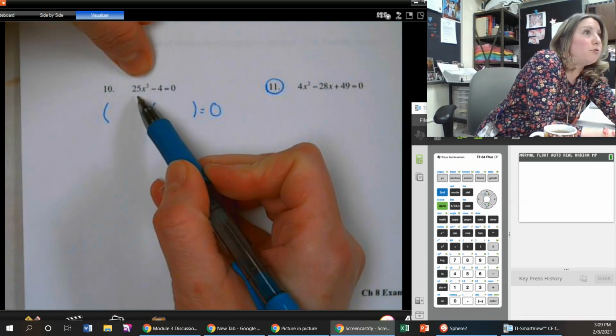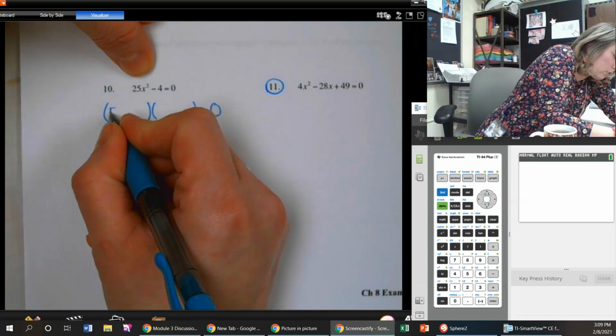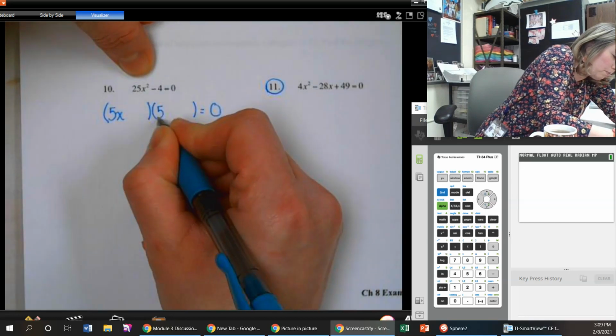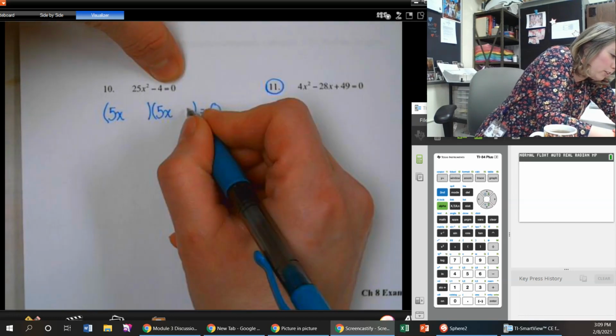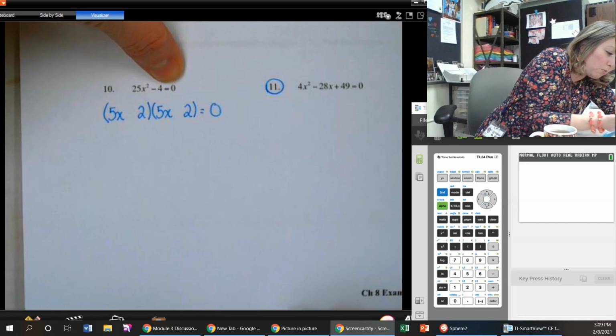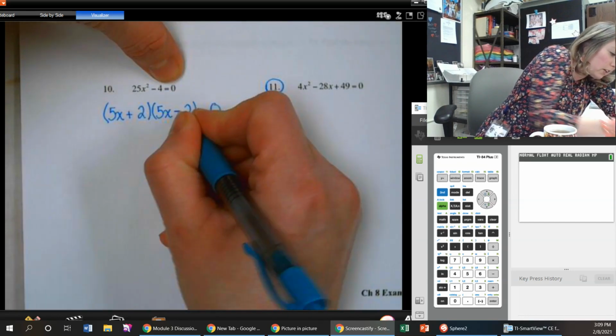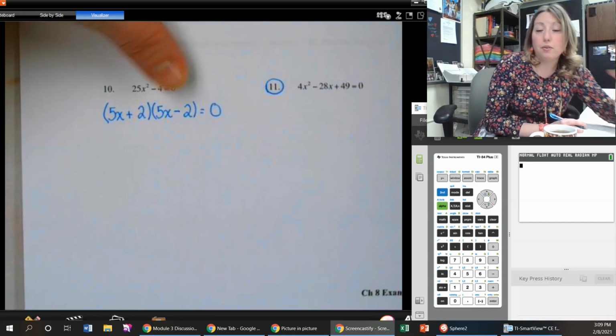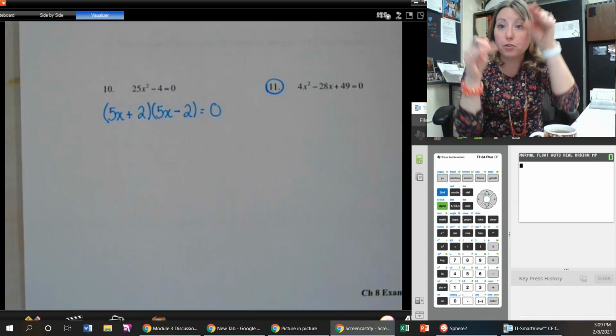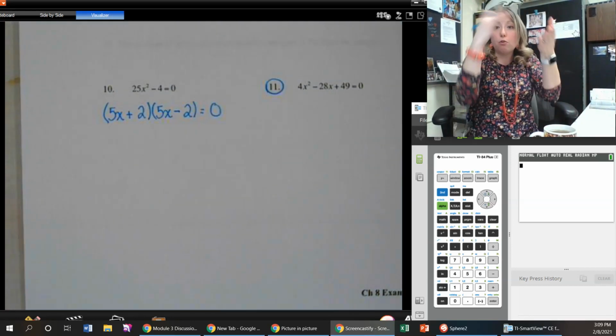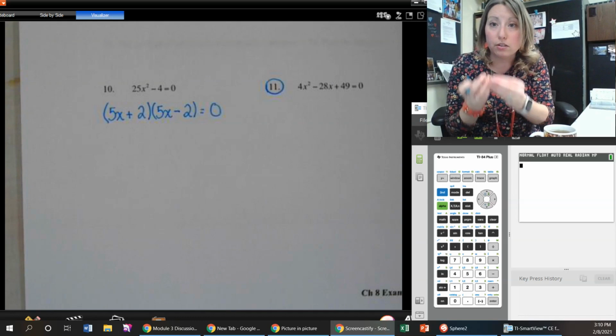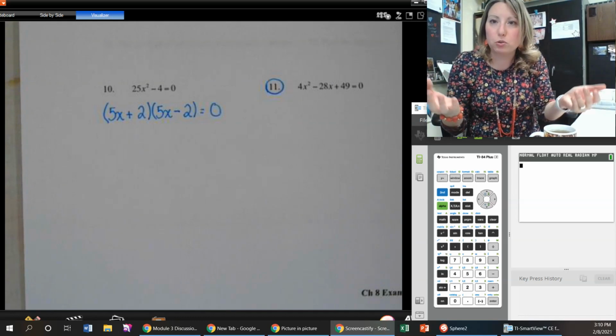The square root of 25x squared is 5x, so that goes in the fronts of my 2 binomials. The square root of 4 is 2, so that goes in the backs of my 2 binomials. And then I put different signs between. And if I have the exact same terms with the different signs between, when I FOIL, the middle has canceled out. That's what makes this perfect square minus perfect square.